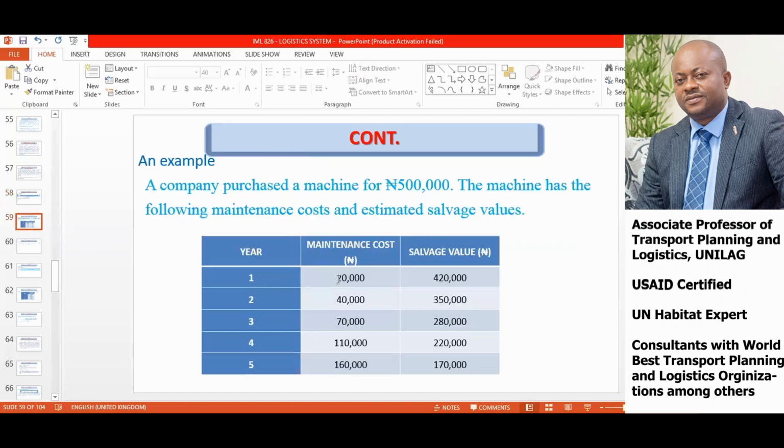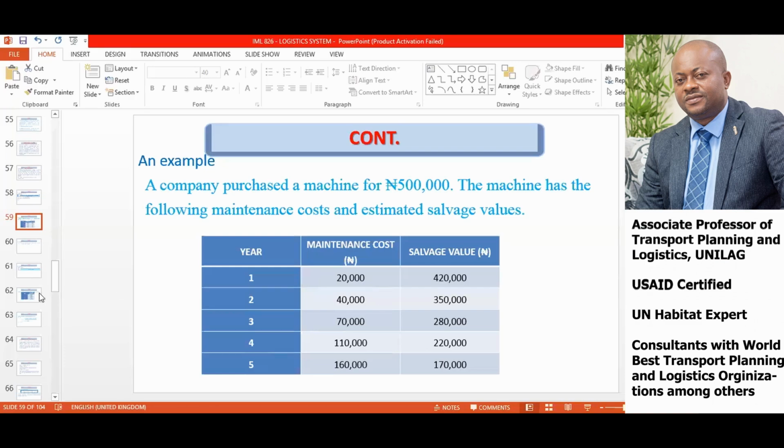Cumulative is this plus 0, this plus 40, we enter here. This plus 0, we come back to 20 here. This plus 20, 40 plus 20 will become the total maintenance here.